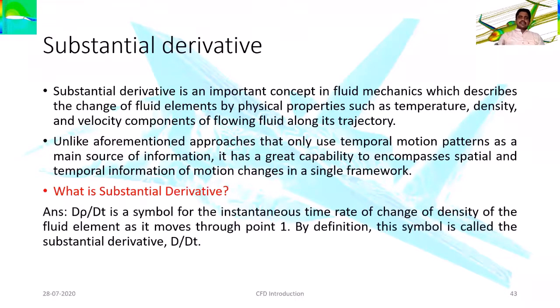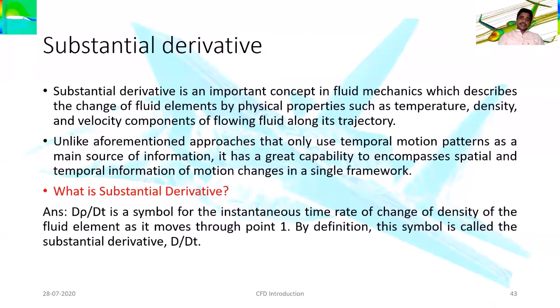Now, mathematically, what exactly is this substantial derivative? As we have mentioned, it is the change involved as the variables change along the fluid trajectory, and that is addressed as the substantial derivative.